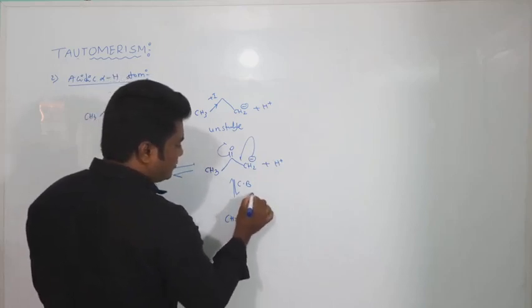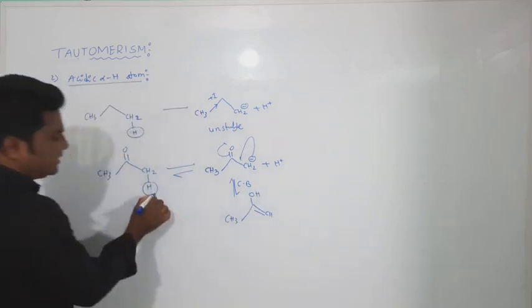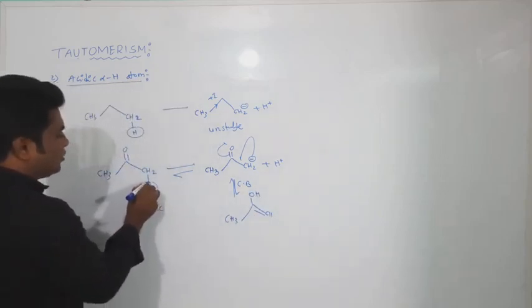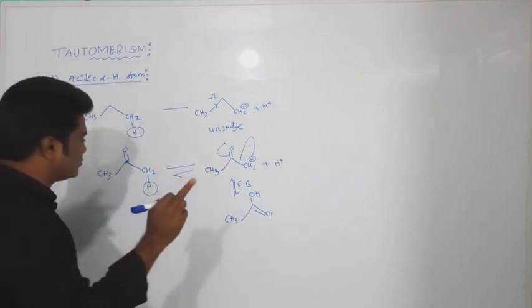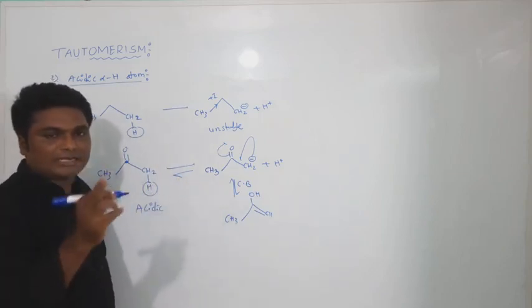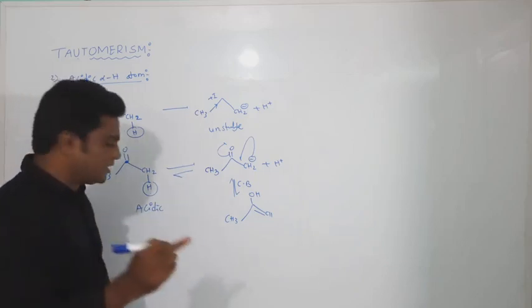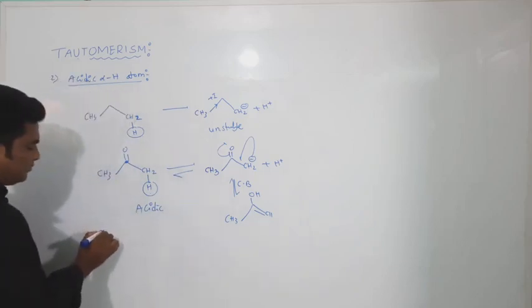So this is called acidic because the alpha hydrogen atom adjacent to an electron withdrawing group is known as the acidic hydrogen. It means for tautomerism, acidic hydrogen must also be present. So what is an acidic hydrogen atom?